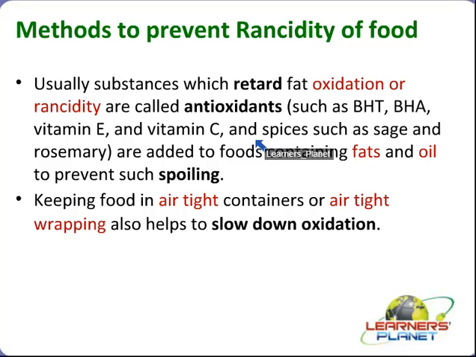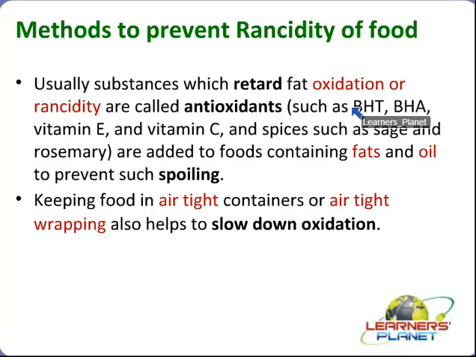Now there are certain chemicals which can prevent this oxidation. Usually the substances which retard fat oxidation, retard means decrease, fat oxidation or rancidity, are called antioxidants.